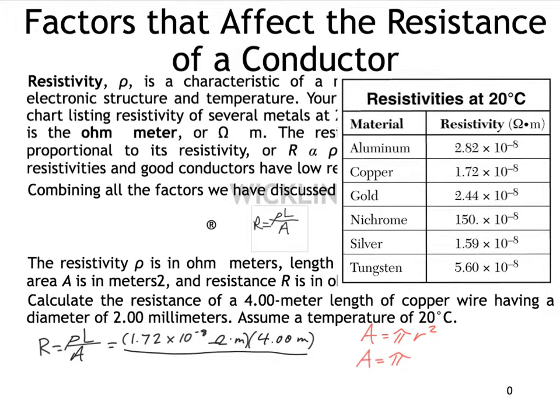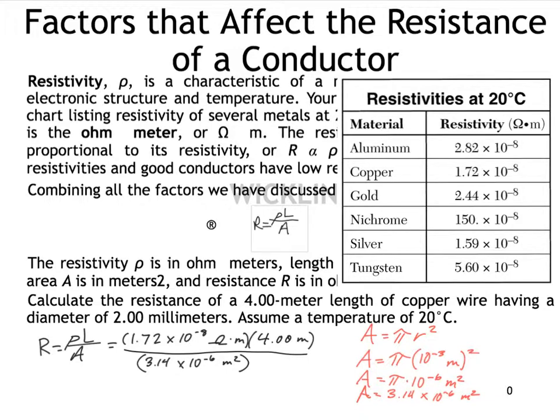So I'm going to write in 10 to the negative 3 and then a square. So I got that, and that means that the value for area is going to be 3.14 times 10 to the negative 6 square meters. I'll plug that in to my area in the denominator.